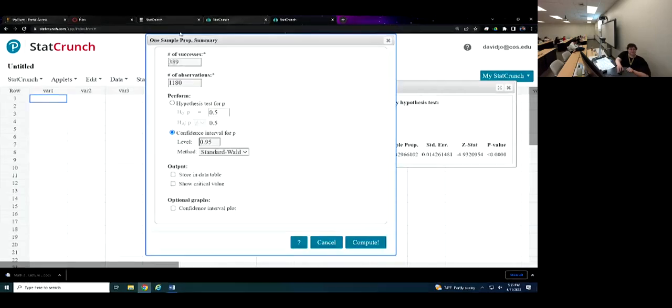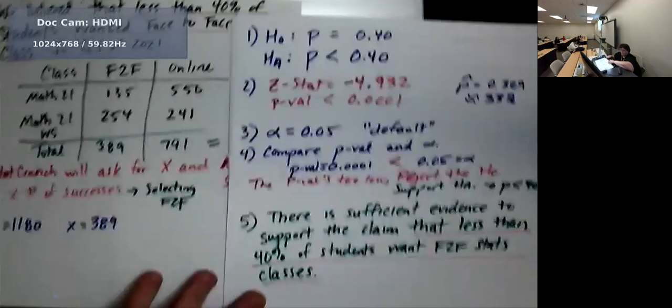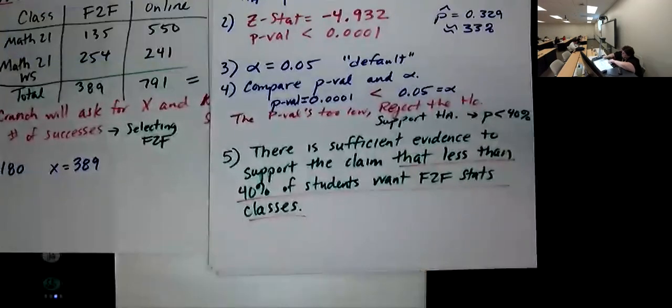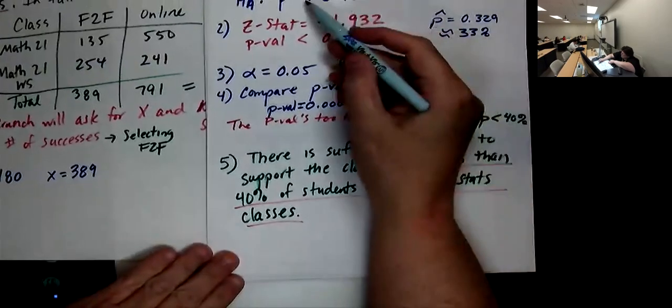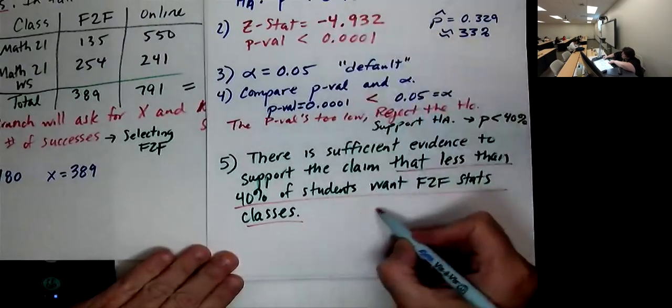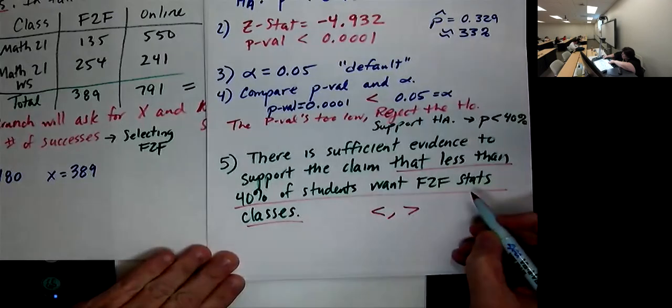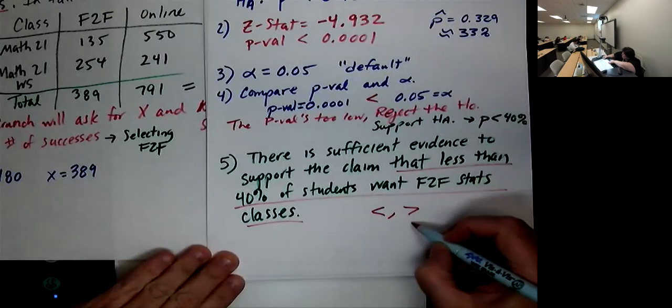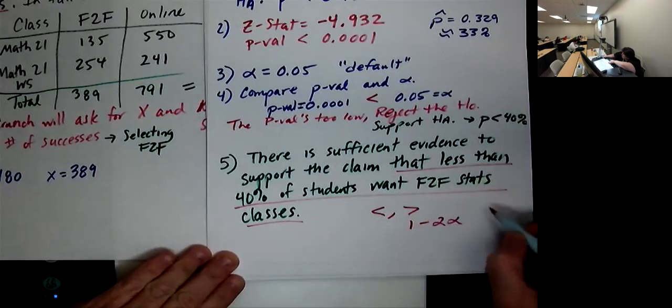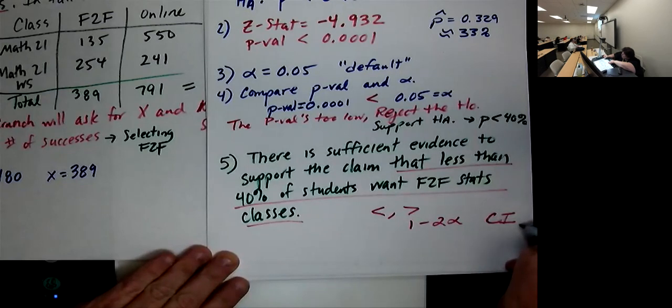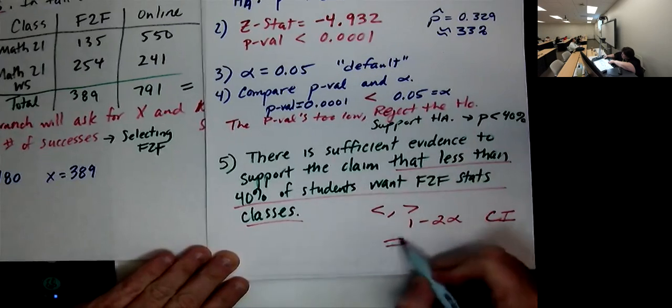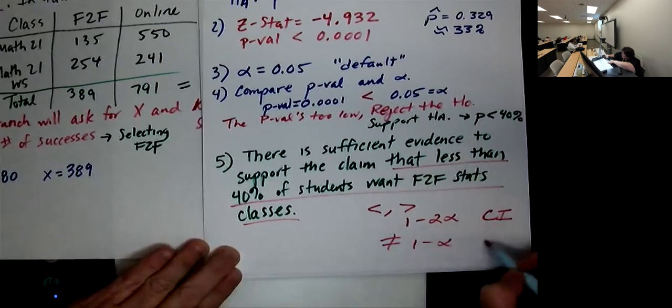It's relentless. Okay, I think this part is a little bit easier to say when I'm over here where you can see what I'm writing. When we have less than or greater than, we can do 1 minus 2 times alpha to get our confidence interval level. When it's not equal to, we just do 1 minus alpha.